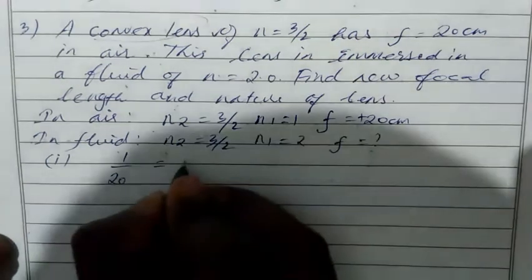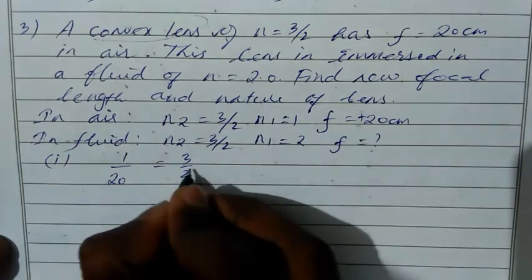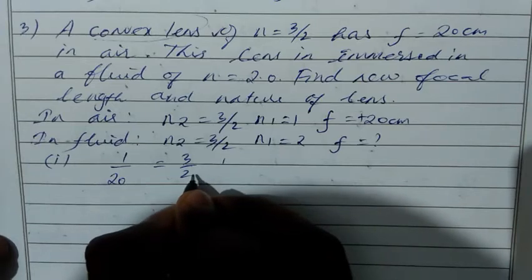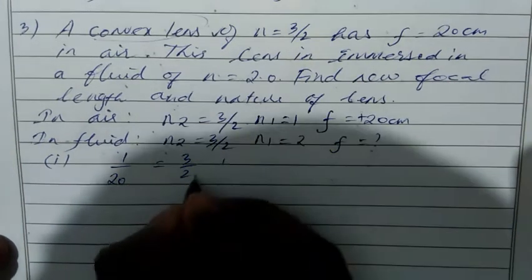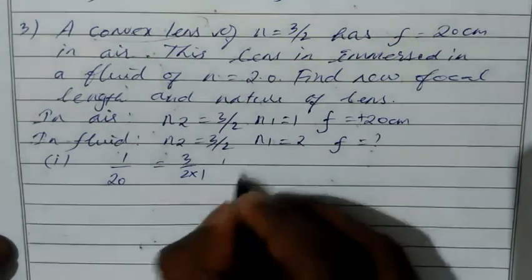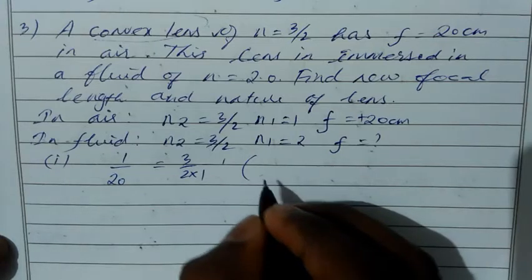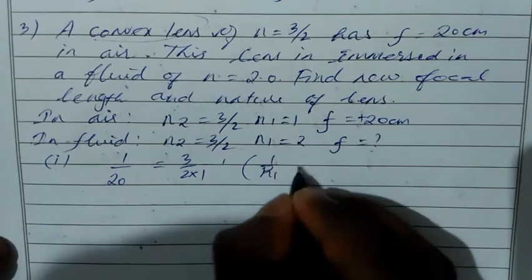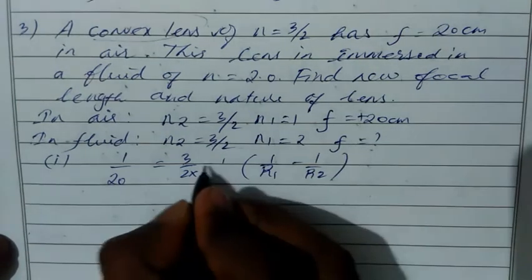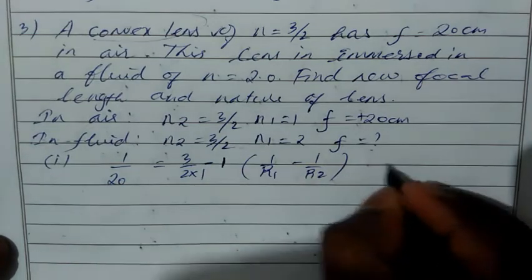So N2 is 3 by 2 minus 1, divided by N1, N1 is 1, so into 1. Then 1 by R1 minus 1 by R2. We don't know the value of radius of curvature, so 1 by R1 minus 1 by R2. We take this as equation 1.